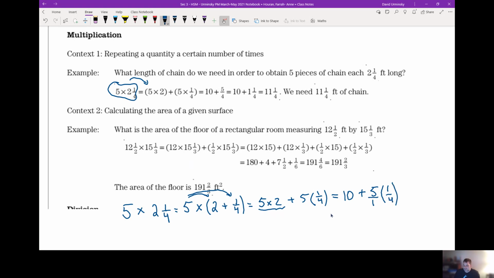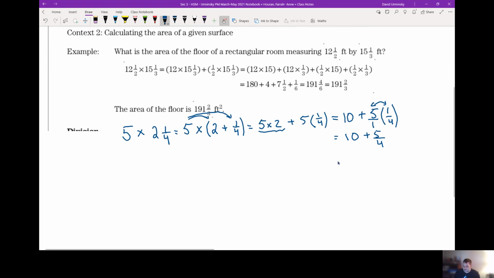And when we multiply fractions together, we multiply numerators together and denominators. So it's 5 times 1 is 5, and 1 times 4 is 4. Okay.